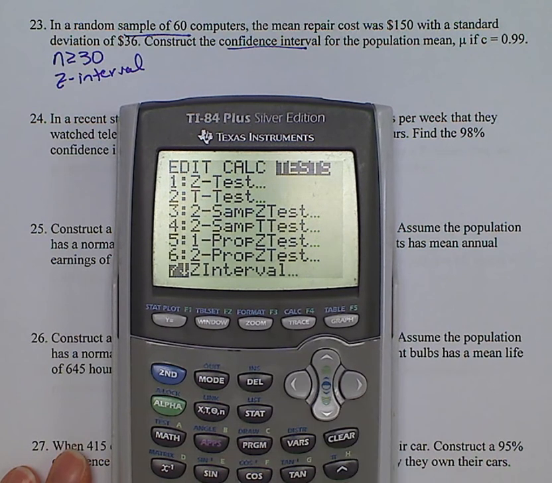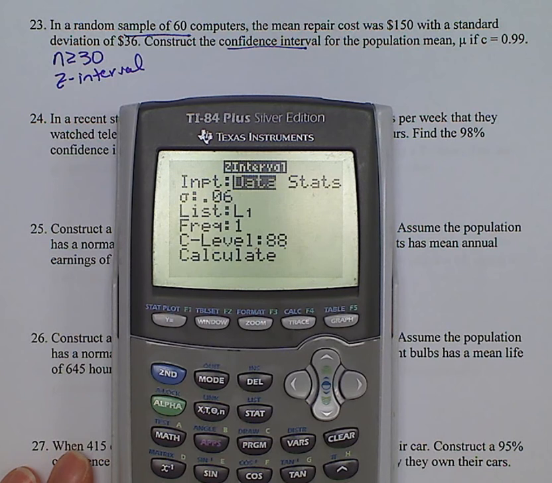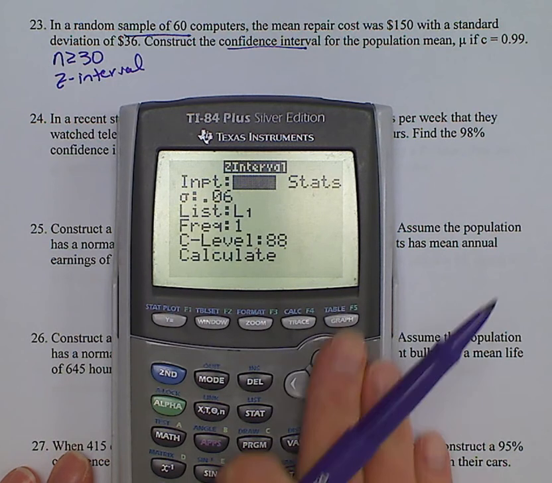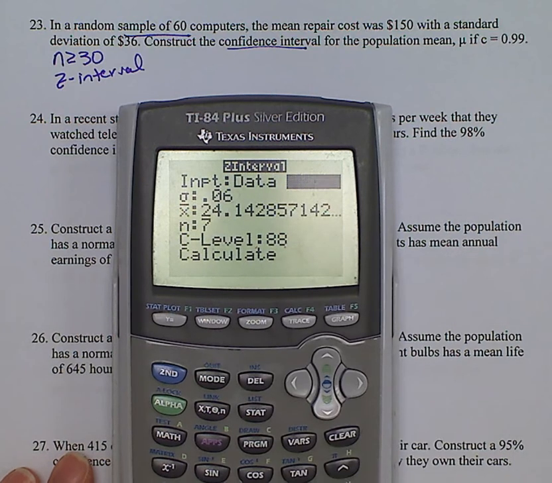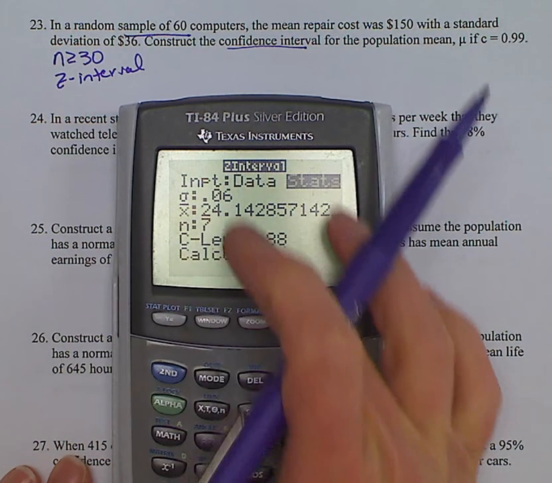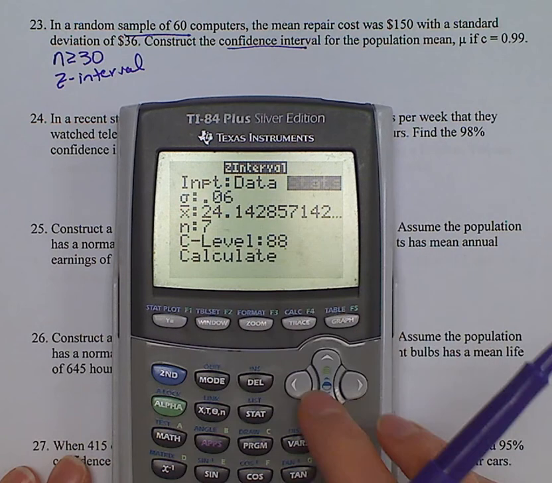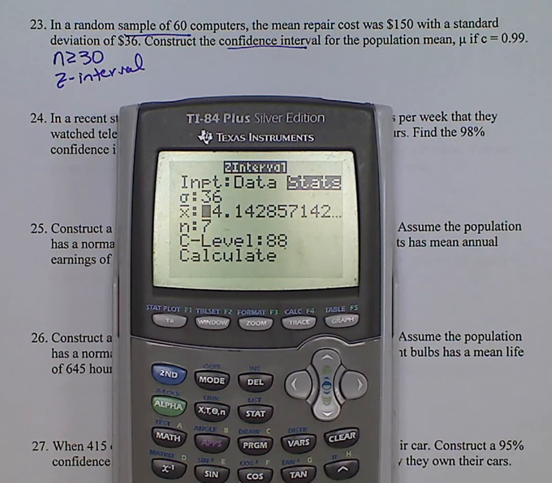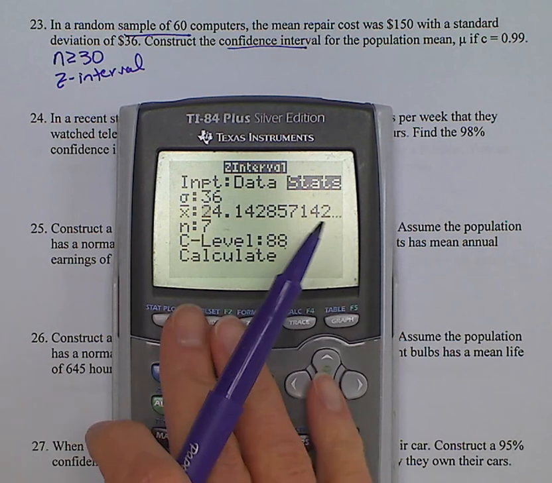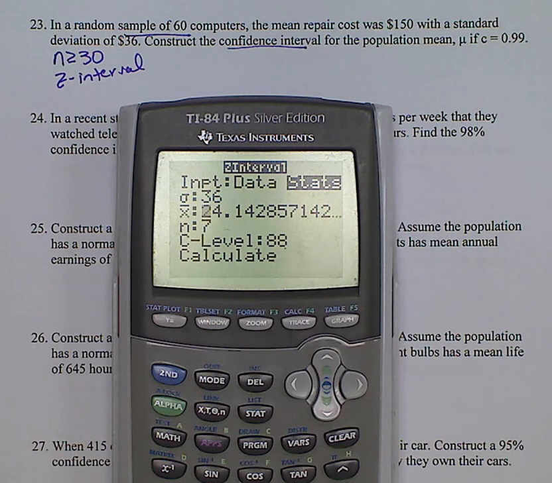Option 7 here. In your calculator, we have the statistics, so we want to highlight the statistics. If for some reason you get some kind of funky symbols here, or you start entering in information and you get kicked out, so after you enter in the standard deviation of 36, it kicks you out, says error or whatever.